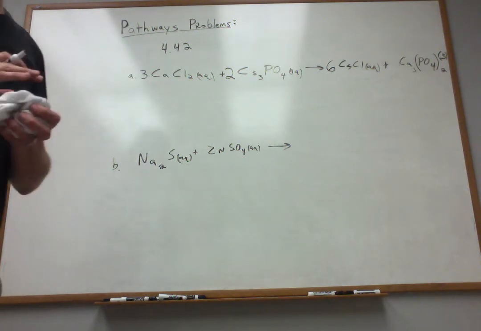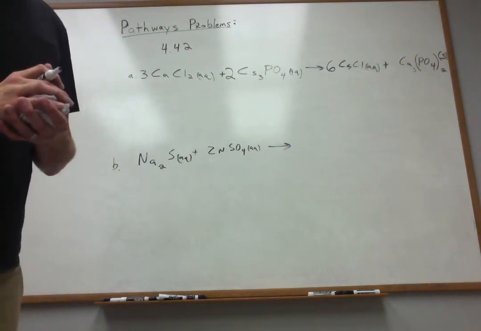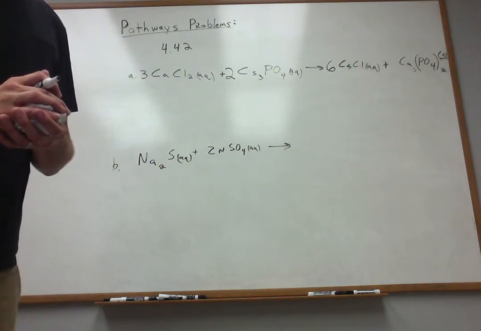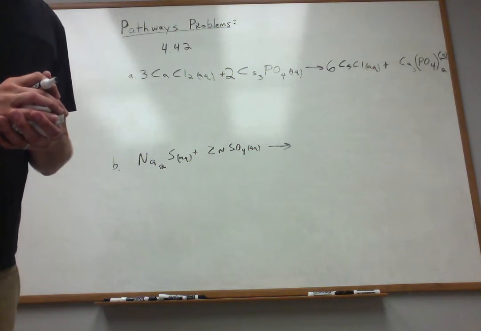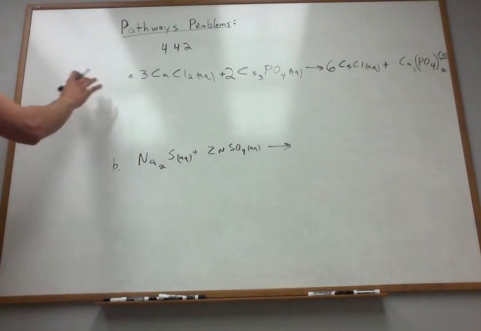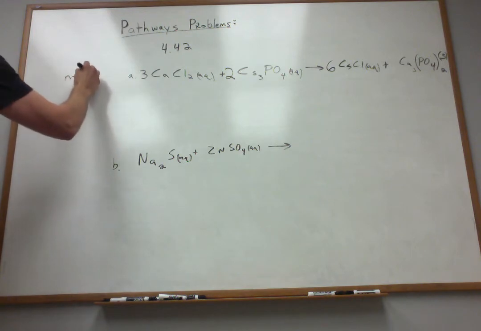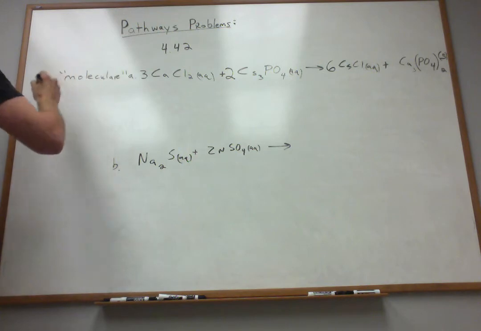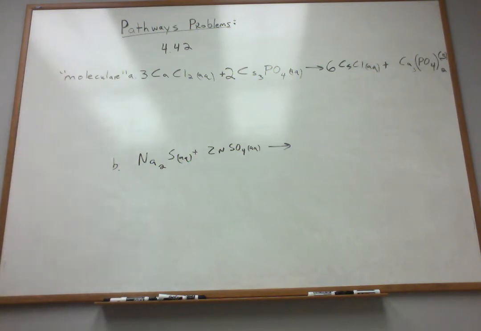Now a bit on terminology and vocabulary here, okay? The problem asks you for the molecular formula, or the balanced equation, the molecular equation, the total ionic, and the net ionic equation. What I just wrote here, your book is going to call this the molecular equation, okay?